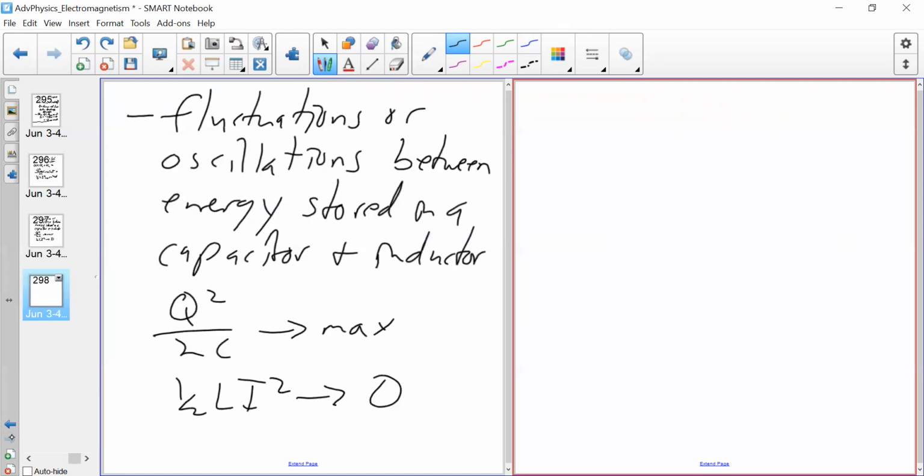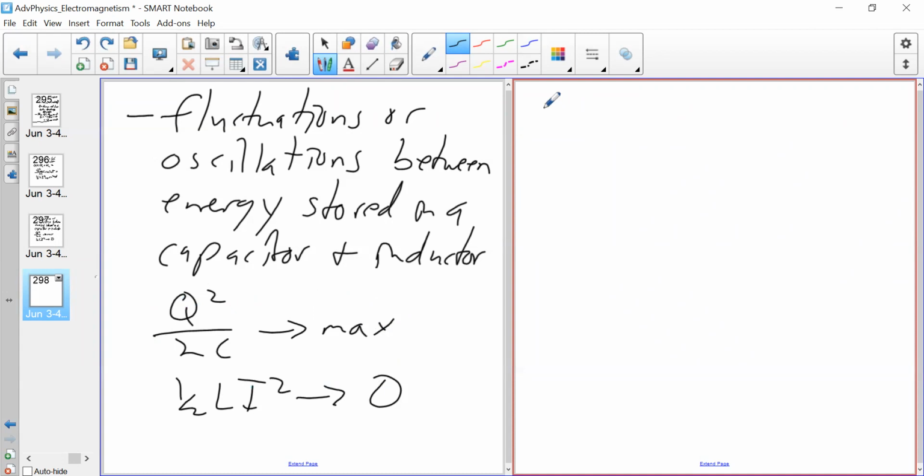When one has achieved the max energy, the other one is 0, because the total energy is a sum of these. If this is all max, this doesn't exist, and so all the energy is held here.